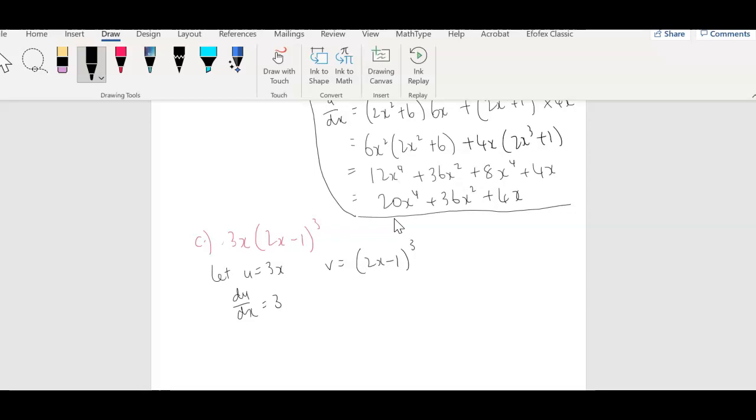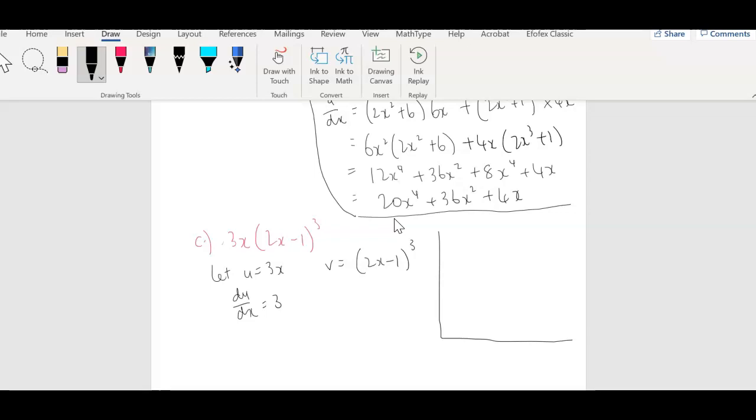Now, if you're quite familiar with differentiation, you might be able to do the chain rule in your head, all right? It's actually not that hard to do in your head, but I'm going to do it on paper. All right, so the problem with doing the chain rule within the product rule is we've already defined u as something.